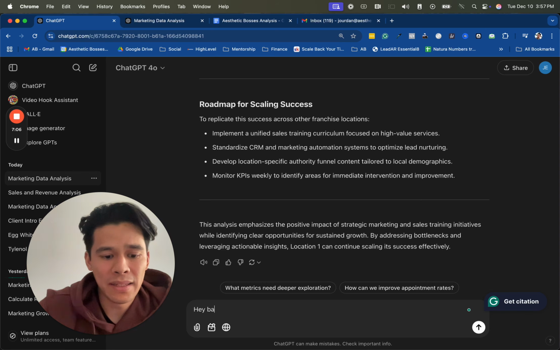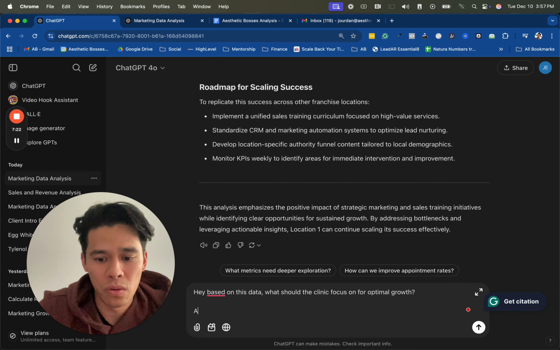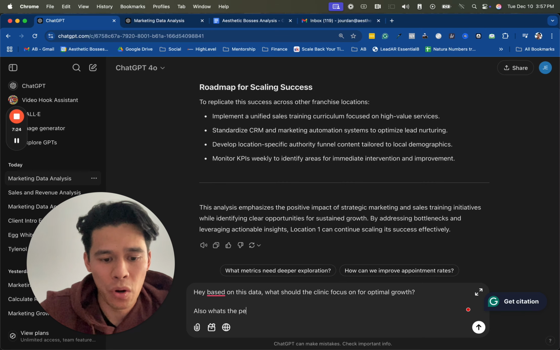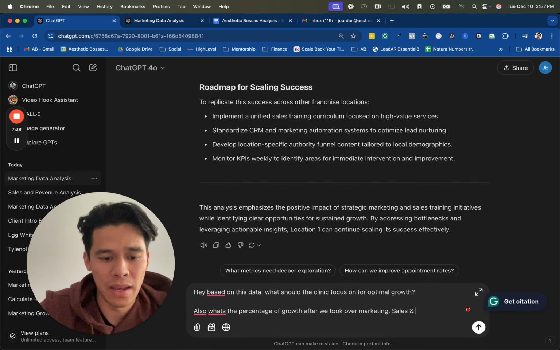And you can literally ask, hey, based on this data, what should the clinic focus on for optimal growth? Also, what's the percentage of growth after we took over marketing, sales, and revenue?